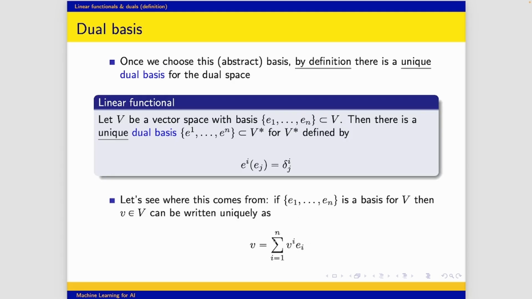So in other words, a sum like this, a coordinate times one of them plus another coordinate times the second one plus and so on. So to write this out in full, this is v^1 e_1 plus v^2 e_2 all the way up to plus v^n e_n.